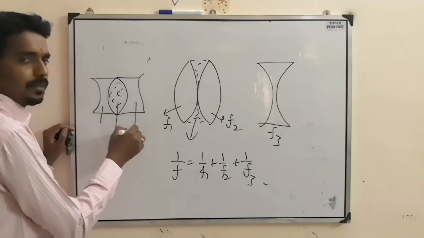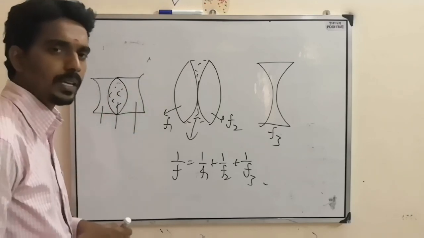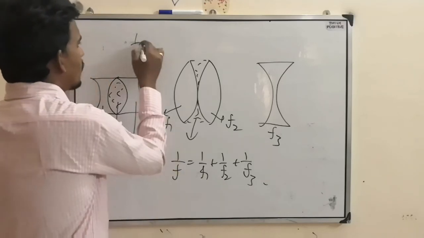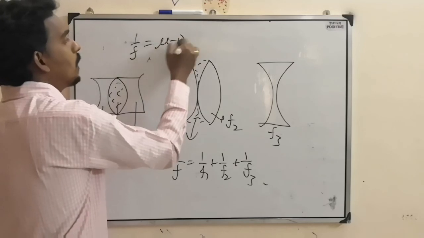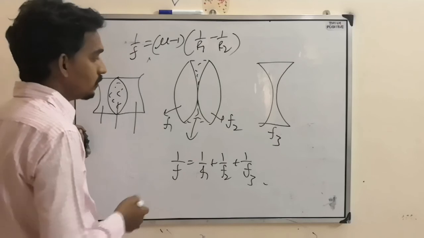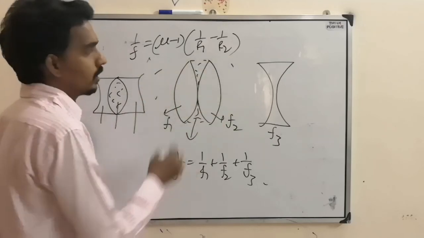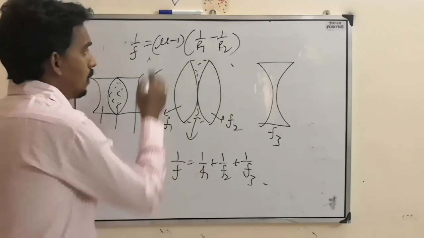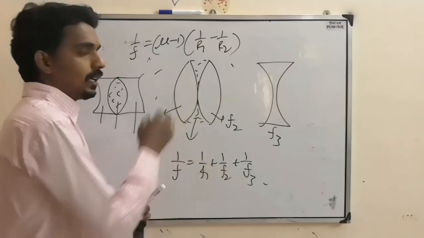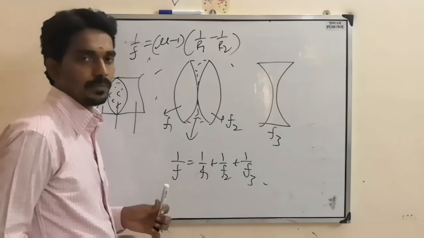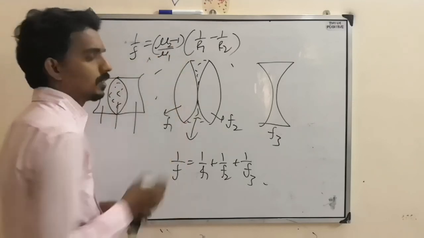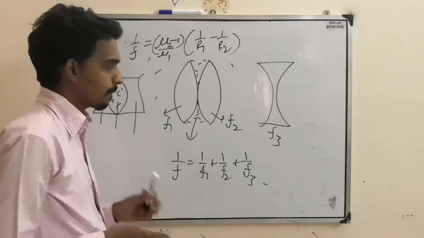So F1, F2, F3, then the resultant will become 1 by F1 plus 1 by F2 plus 1 by F3, where 1 by F for any lens is mu minus 1 into 1 by R1 minus 1 by R2, if the other medium is air, because mu1 I took as 1, which means the other medium is air. 99% of the time they will give the air medium only. If they mention another medium, then you take mu2 by mu1 depending upon the question.